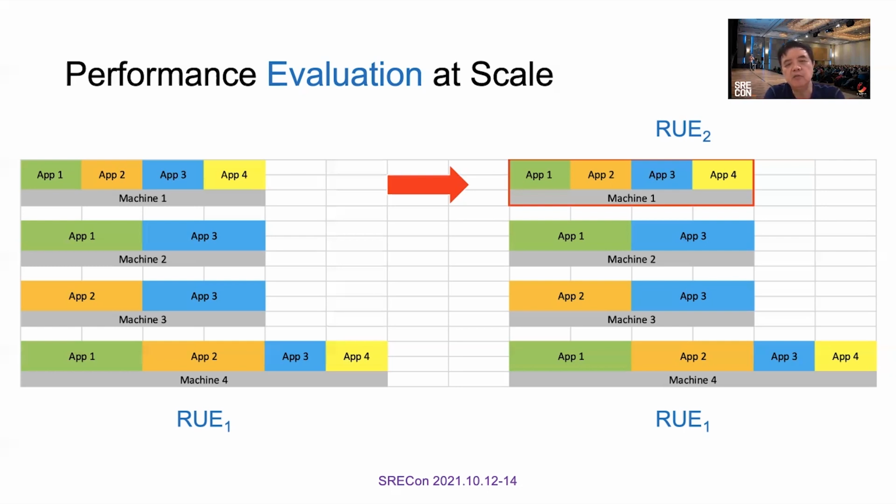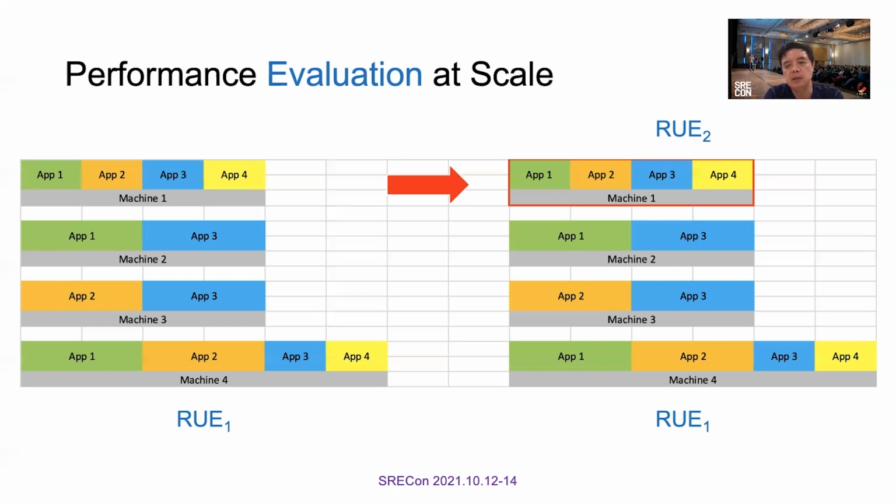Because changing the configuration for all the applications can be very costly, one way to evaluate the performance impact is to change a very small number of configurations. In this scenario, we are illustrating using the figure on the right. We are just changing the configuration of machine 1.